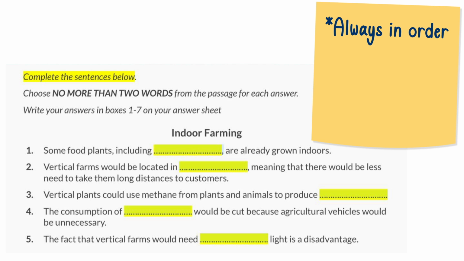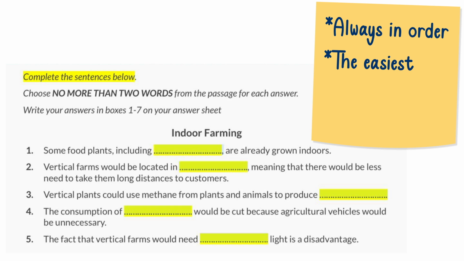Maybe it's in the same paragraph or the next paragraph, right? So this is what I mean by always in order. And this is one of the easiest question types in academic reading. So if you see this type of question, start first with answering it, all right?